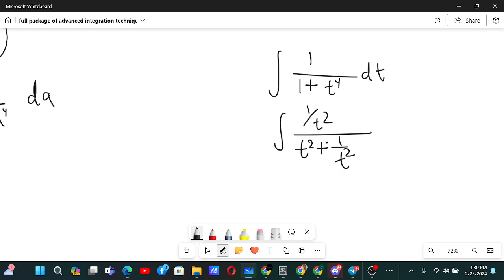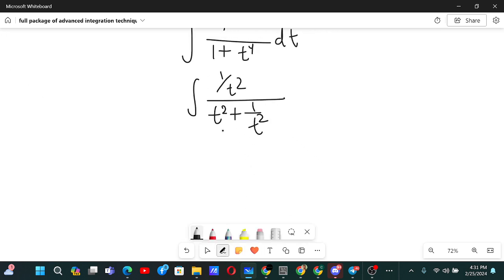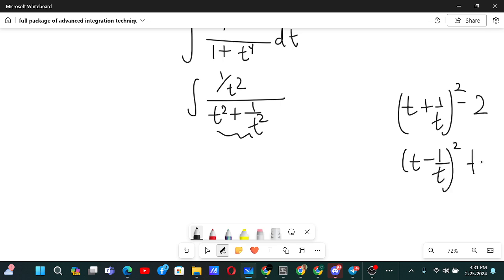Now the thing is, this denominator can be written as t plus 1 by t whole square minus 2, or t minus 1 by t whole square plus 2. Yeah, you can see that from the expansion: t plus 1 by t whole square is t square plus 2 plus 1 by t square, so the 2 cancels out, and here also the 2 cancels out. And we can use this thing in the numerator.